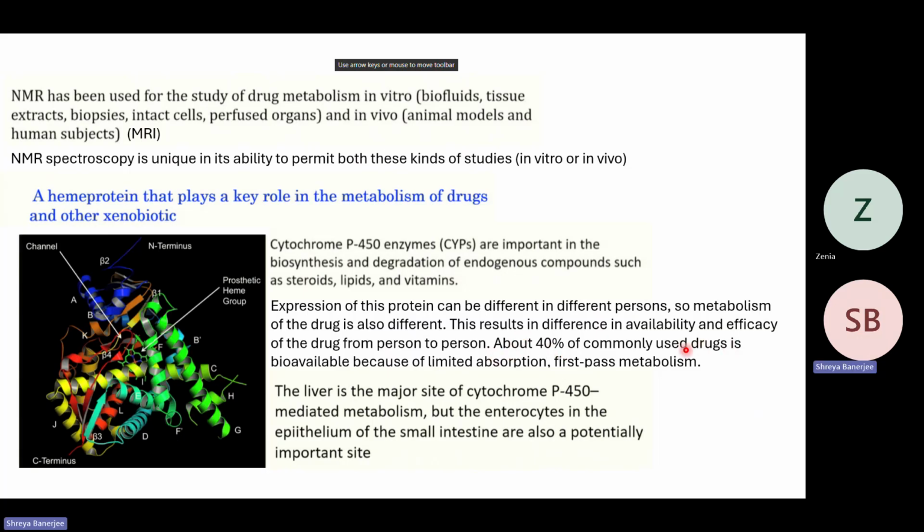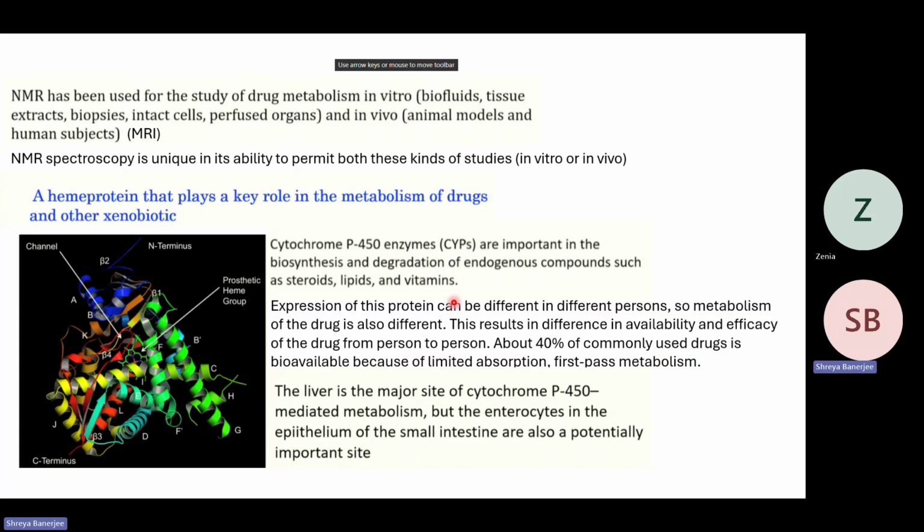About 40% of commonly used drugs are bioavailable because of limited absorption. That is the first pass metabolism. So if you're taking, say, 100% of a drug, only the 40% will be of use. The rest will just be excreted by the body. And this will also vary from person to person because metabolism of each drug is different from person to person. As you know, some people have very high metabolisms.